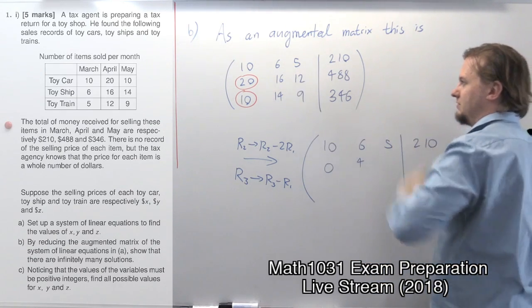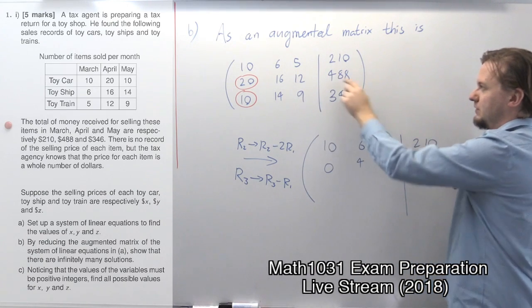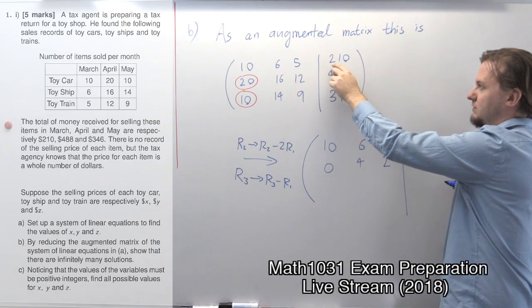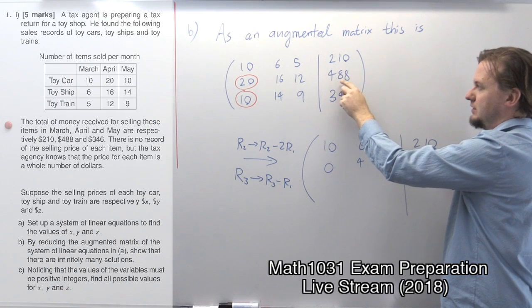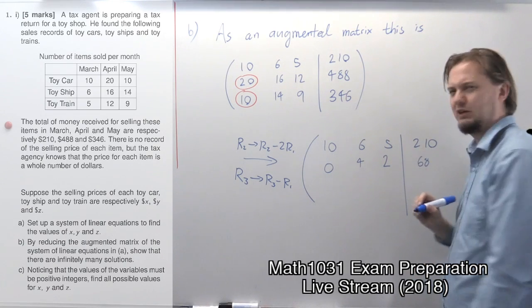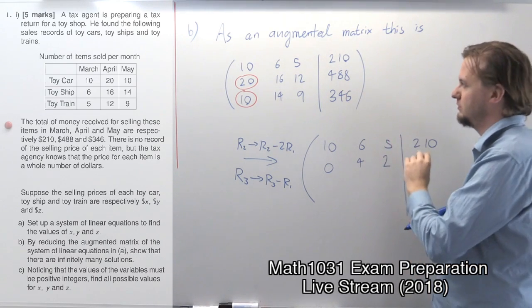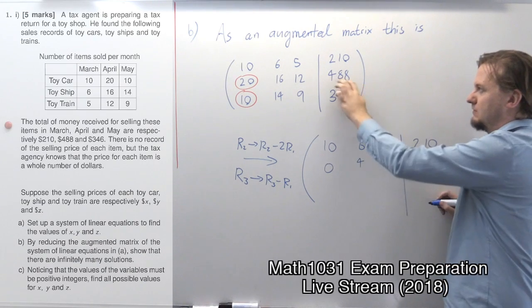And 12 minus 10 is a 2. I've got to be careful here, that's 488 minus 420, which gives me 68. You have a calculator in this exam, I think, so feel free to do some of these on the calculator. Let me just double check that one. So 420, another 68, yep.